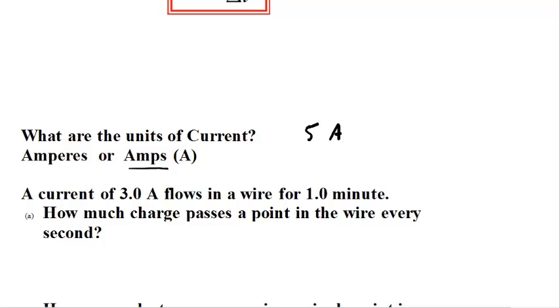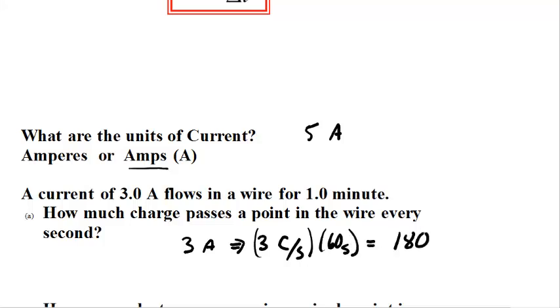And so if we have a 3 amp wire, that's the same as 3 coulombs per second. And so if we multiply this times 60 seconds, then we have 180 coulombs charge going by in 1 minute.